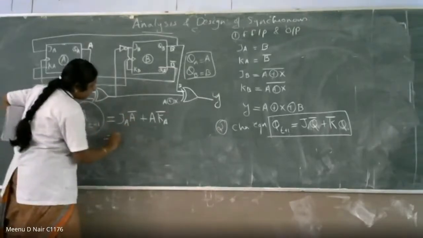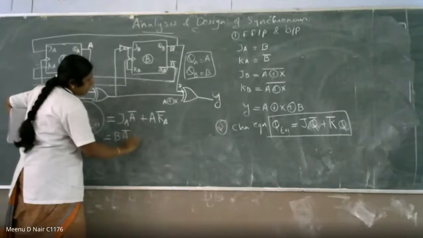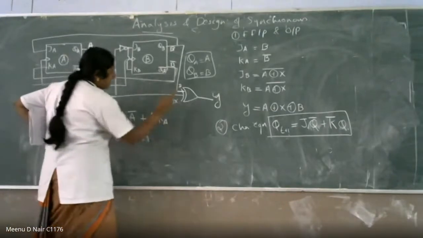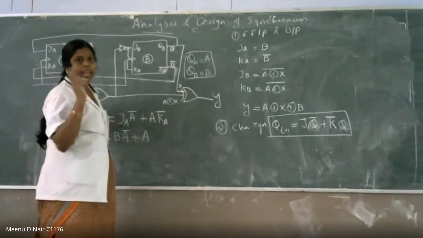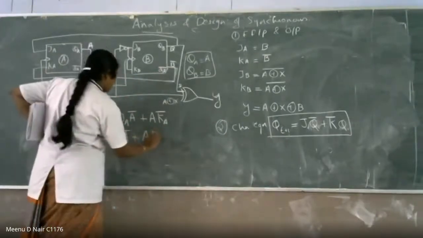JA is nothing but B, so B A bar plus. What is KA bar? KA is B bar, so KA bar is B. Right.